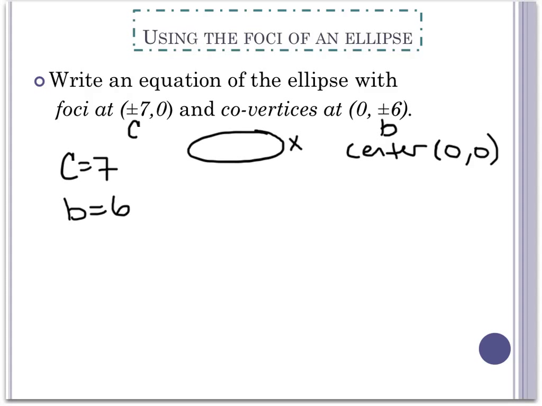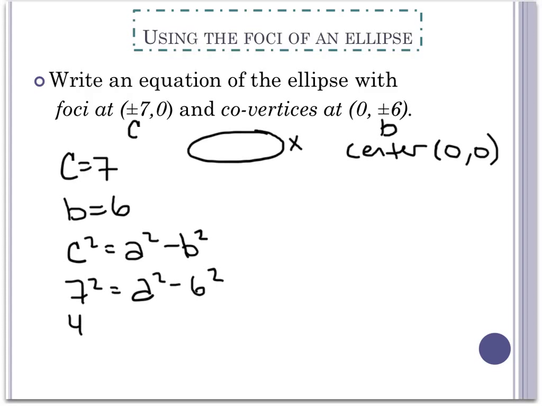Now we need to find a. In order to find a, we need to use our Pythagorean relation, which is c squared equals a squared minus b squared. So 7 squared equals a squared minus 6 squared. Solving for a squared, we are going to get a squared is equal to 85.